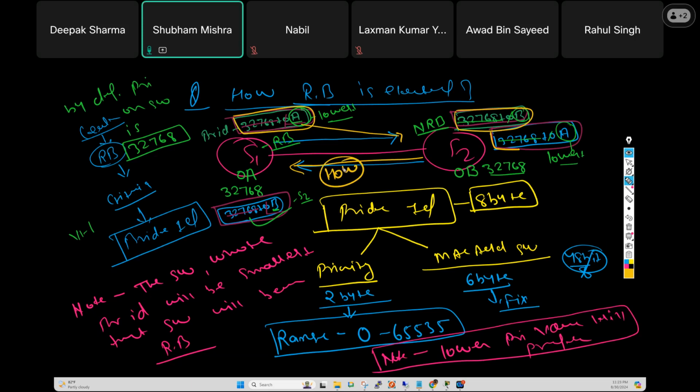In networking, everything is exchanged with the help of messages. Whatever switch 1 is exchanging with switch number 2, and whatever switch number 2 is exchanging with switch number 1, both data will be exchanged in the form of messages.